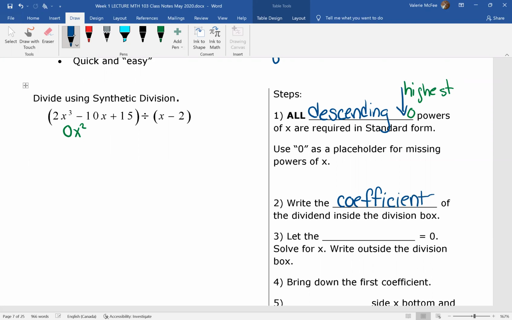Remember that the coefficients of the dividend are those numbers in front: 2, 0, -10, and 15. So we have all of our powers of x. We have our coefficients. Oops, the second one is 0.